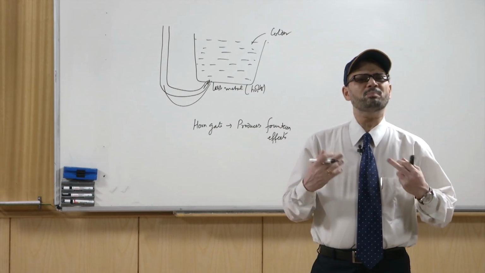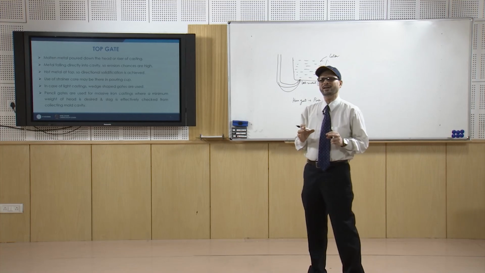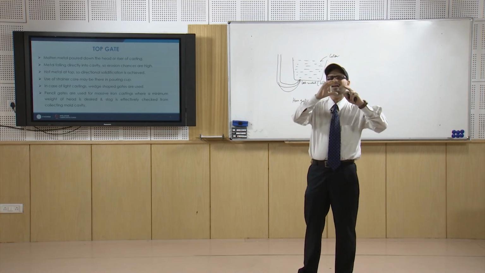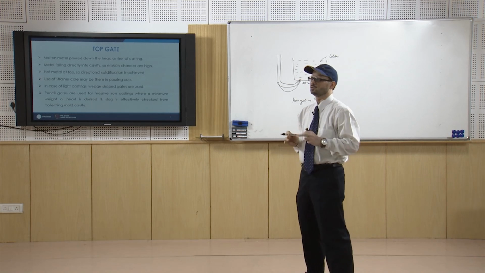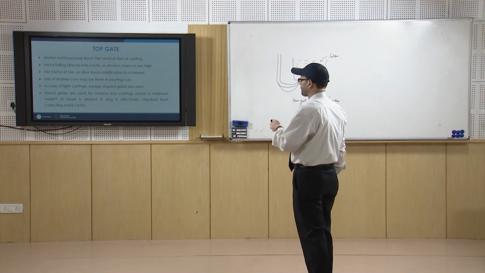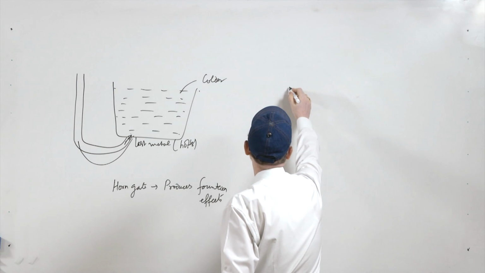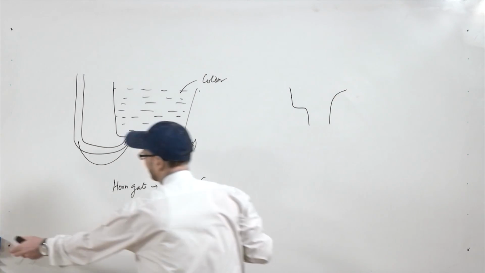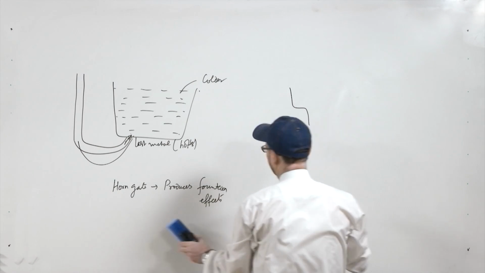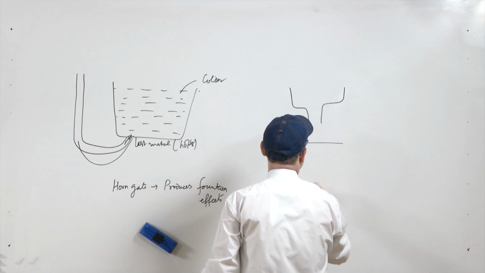Then you have top gate. As the name indicates, in the case of top gate, the metal is entering from the top portion of the mold. So, basically you have the molten metal poured down the head or riser of the casting. From the top itself it has come, and from here you can directly pour and it may go into the casting.